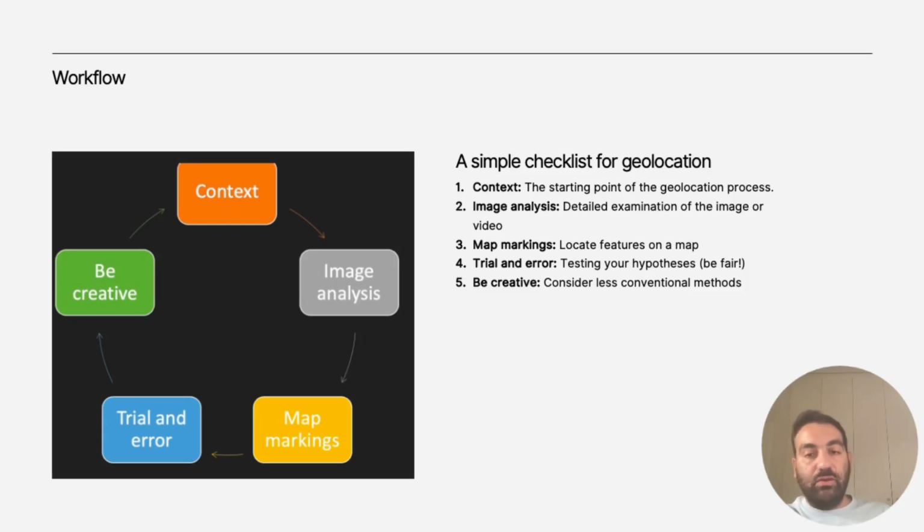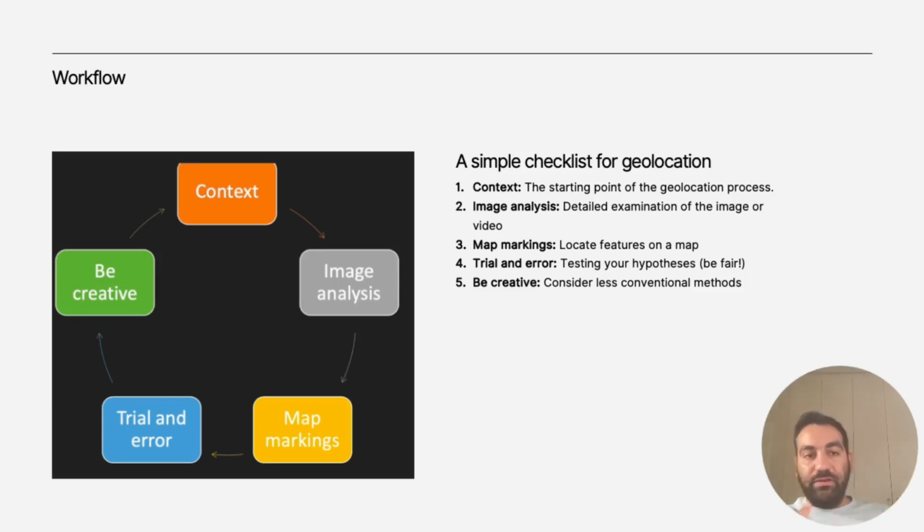Creativity might involve using social media to crowdsource information or employing indirect methods like analyzing shadows and weather conditions. Creativity can often lead to breakthroughs in complex geolocation tasks where direct evidence is not clear or available.